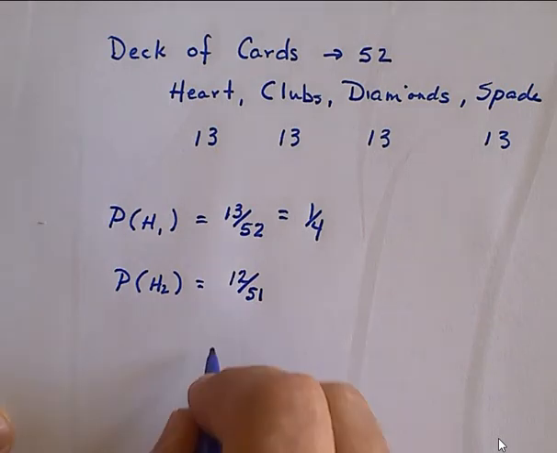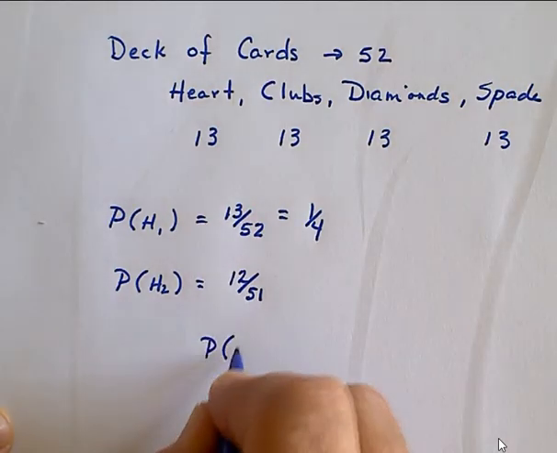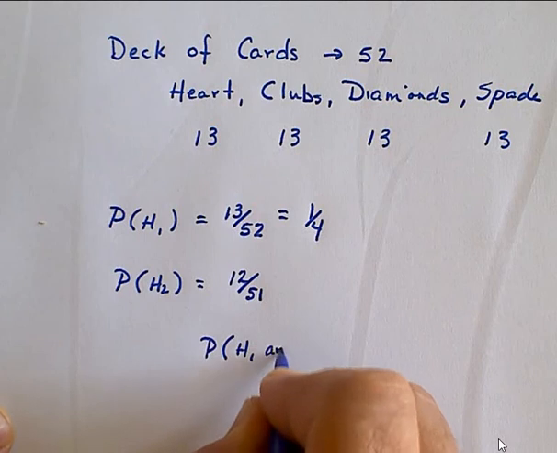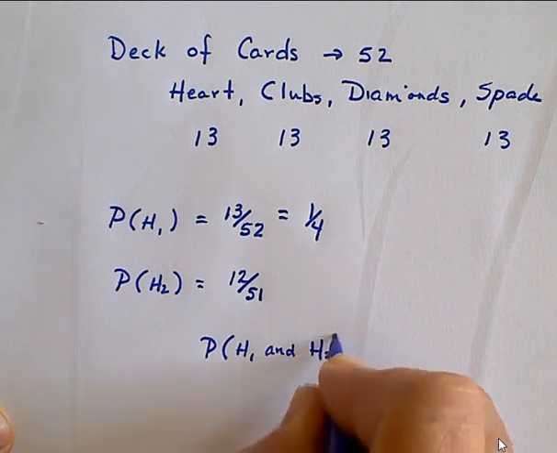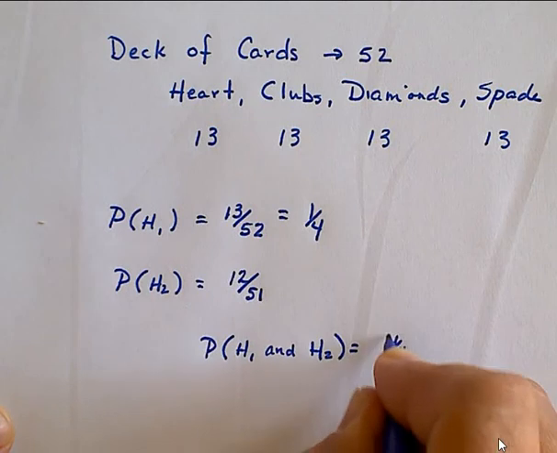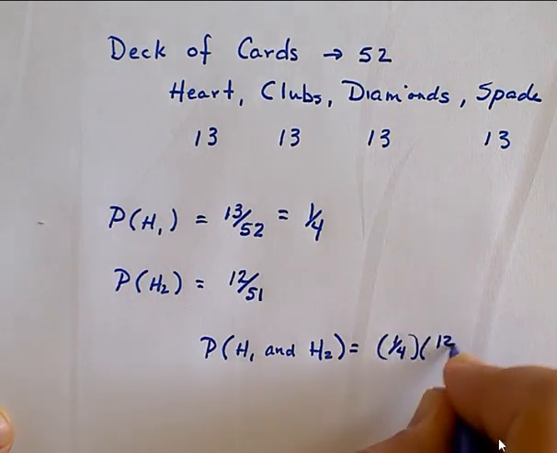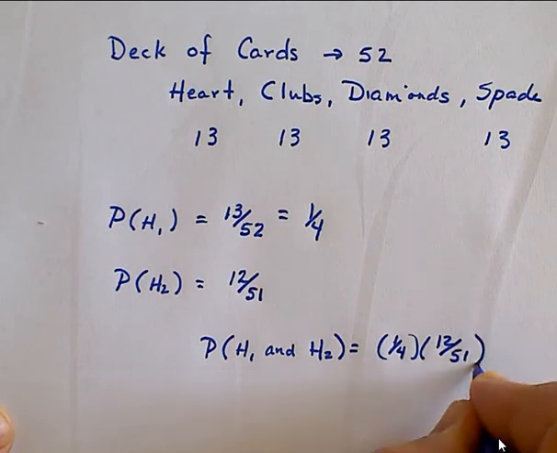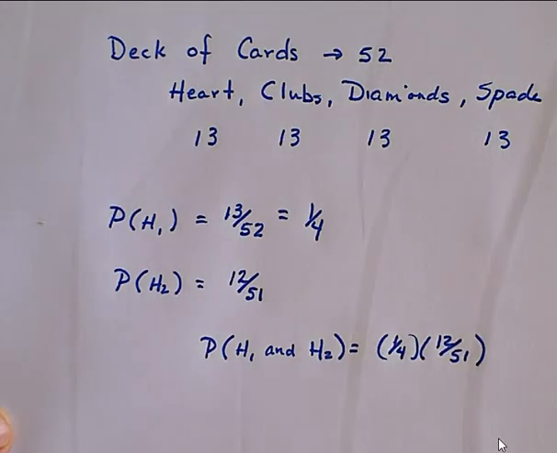And so the probability of drawing both heart 1 and heart 2 is 1/4 times 12 over 51. So if you don't replace, then the first event alters the second event. That makes them dependent. The second one is dependent upon the first one and what happens.